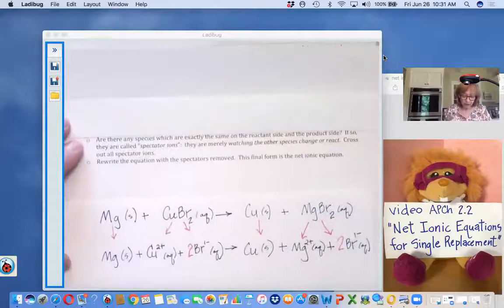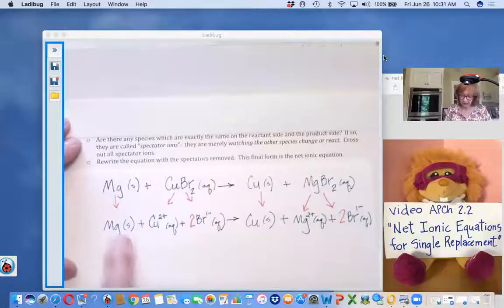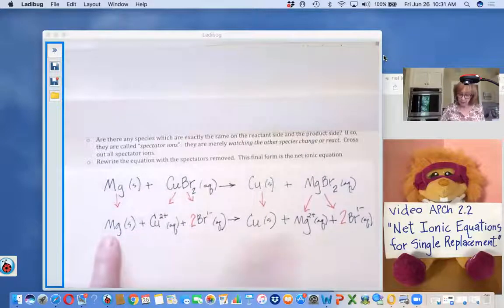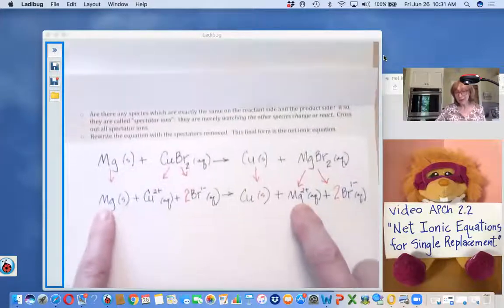is to look for any species in this ionic equation that are exactly the same on the reactant side and the product side. Okay, be careful here. I have magnesium on both sides, but notice there has been a change. As a reactant, magnesium consisted of solid atoms, but through the course of the reaction, it got more positive.